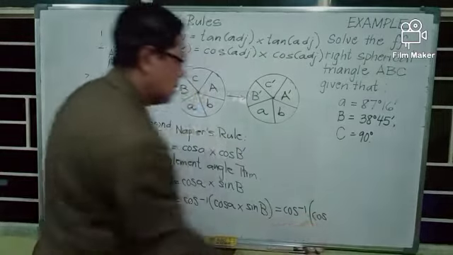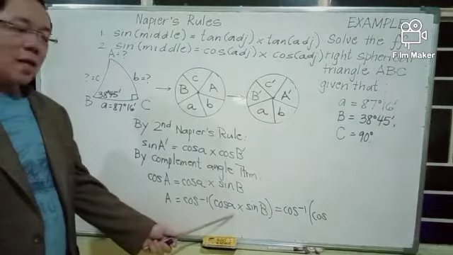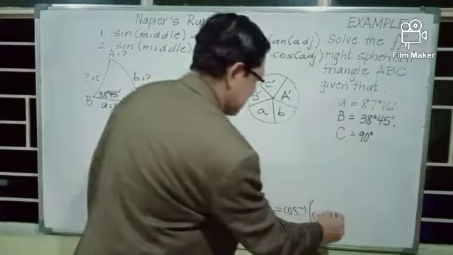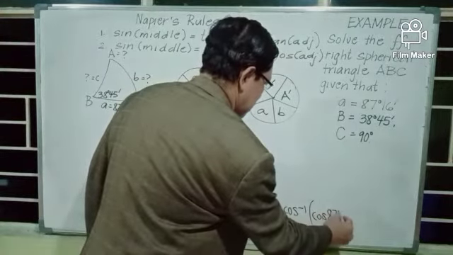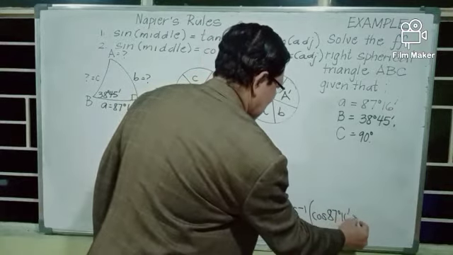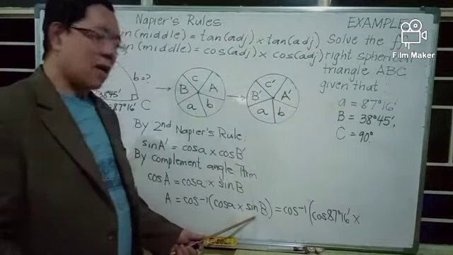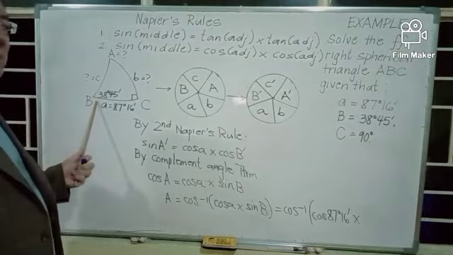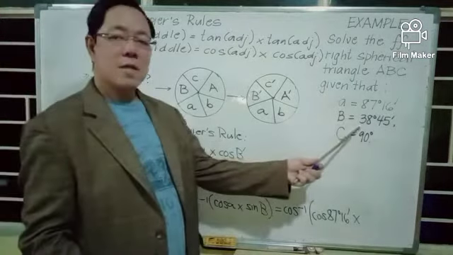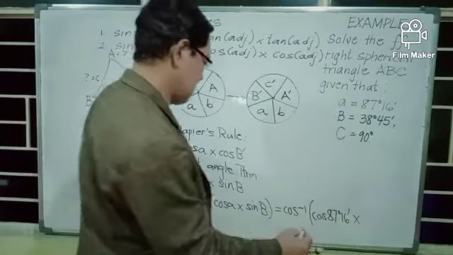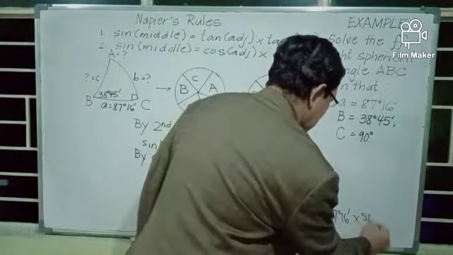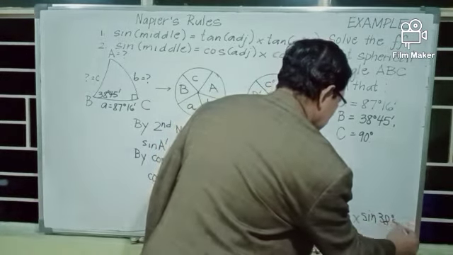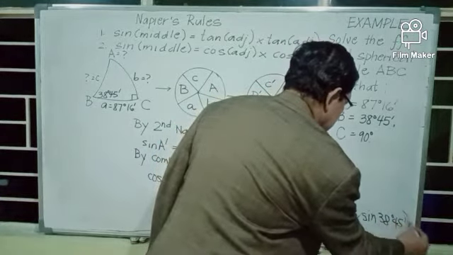Cosine of small a, which is given, 87 degrees 16 minutes, multiplied by sine of angle B. Angle B is given there, it's 38 degrees 45 minutes. Sine of 38 degrees 45 minutes.